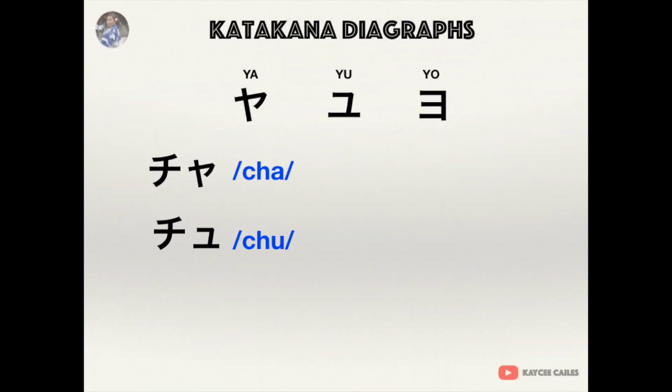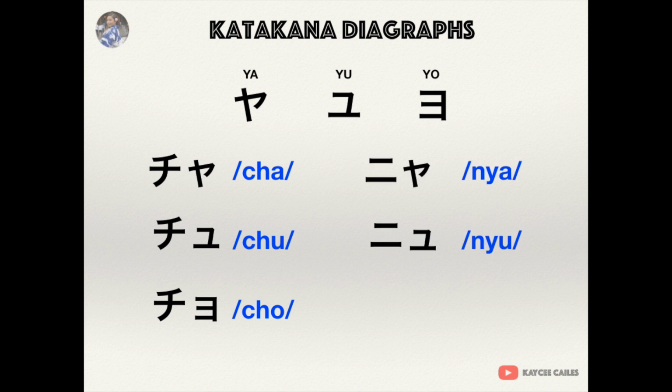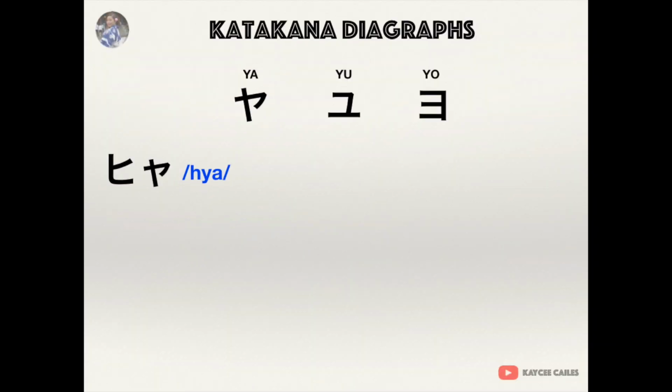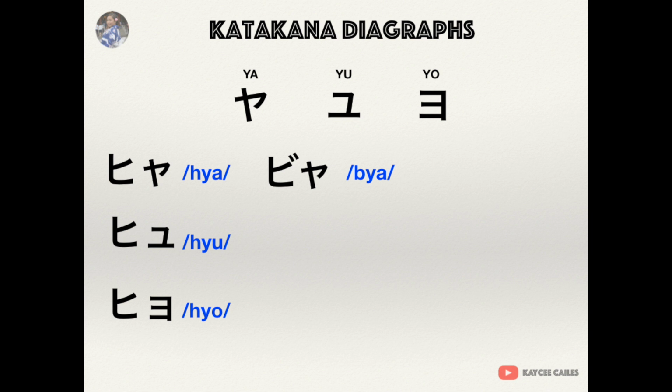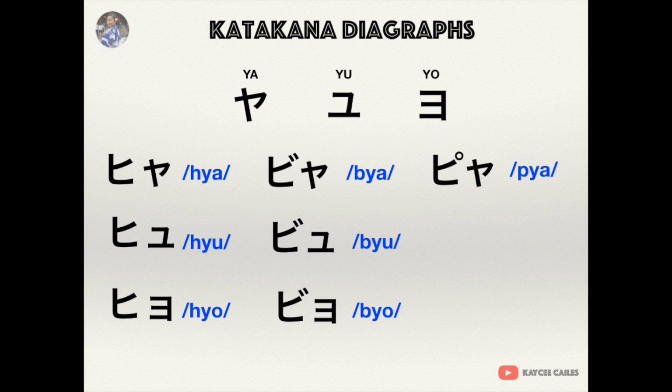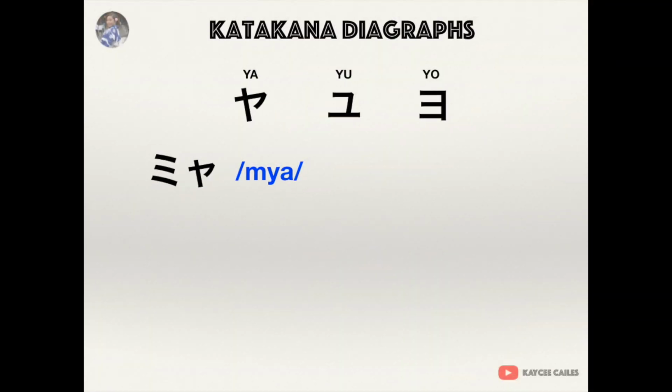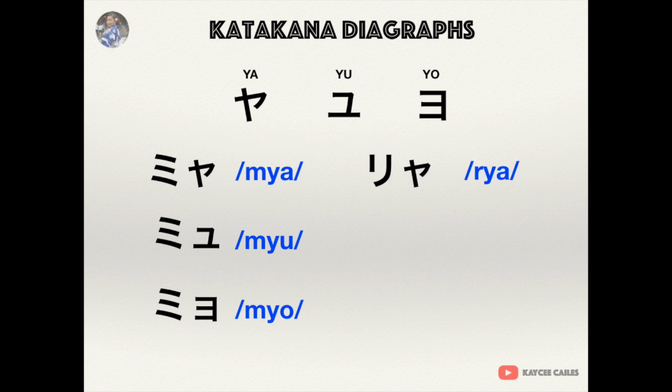Cha, chu, cho. Nya, nyu, nyo. Hya, hyu, hyo. Bya, byu, byo. Pya, pyu, pyo. Mya, myu, myo. Rya, ryu, ryo.